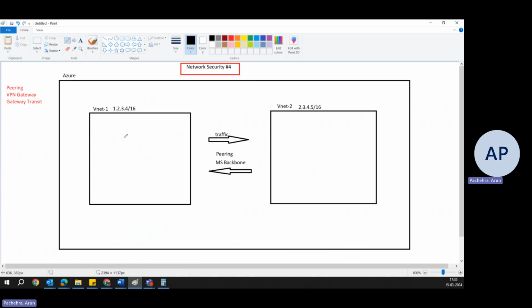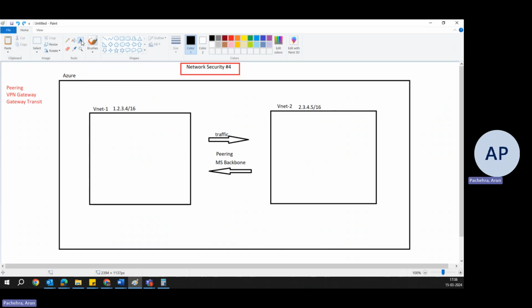Similarly, this traffic is not going outside Azure and talking to this. No, it's not doing this. What it is doing is going directly here, and this is going directly here. How? Because it is using the Azure backbone, the Microsoft backbone. All right, so this is what peering is.